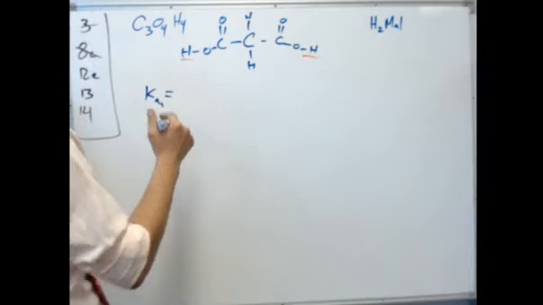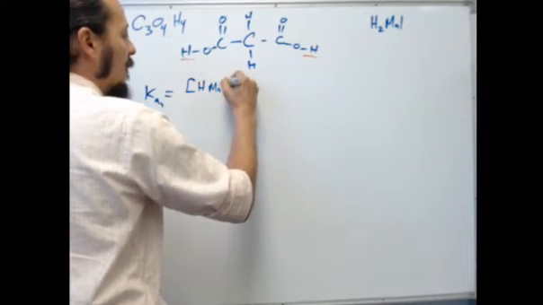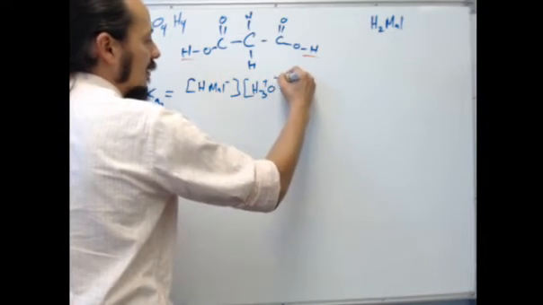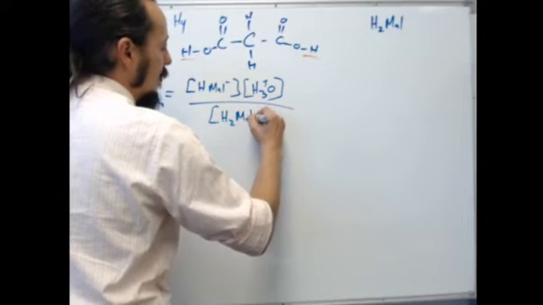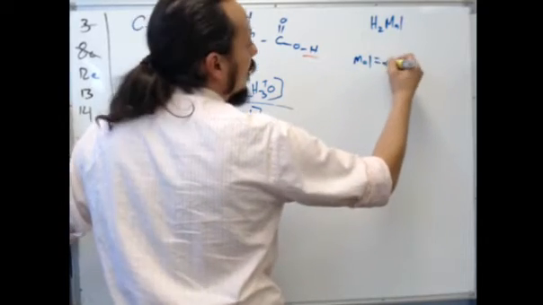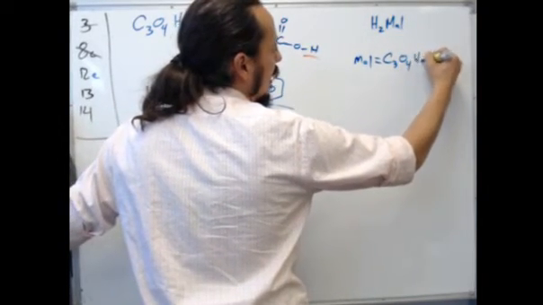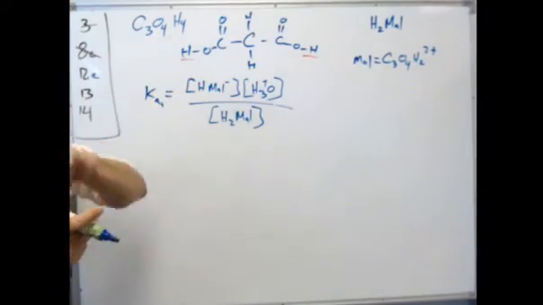These protons are essentially identical. So I'm going to have Hmal minus, H3O plus, over H2mal. Where when I say mal, I'm talking about C3O4H2 2 minus, right? Losing both of those underlined hydrogens.